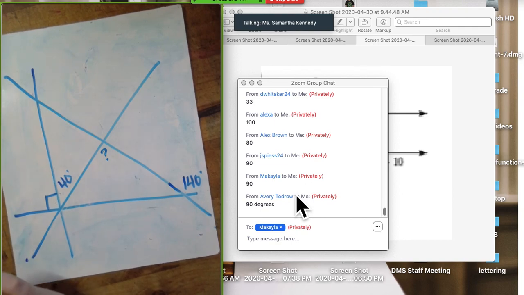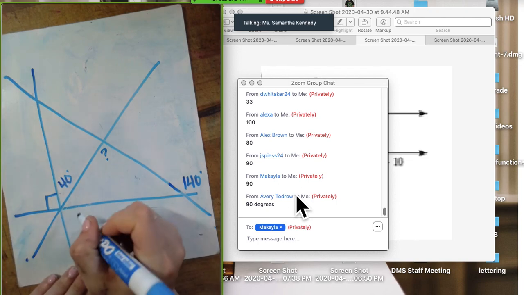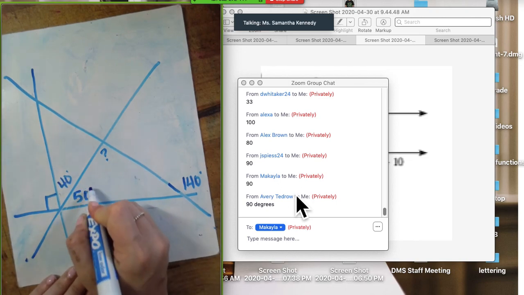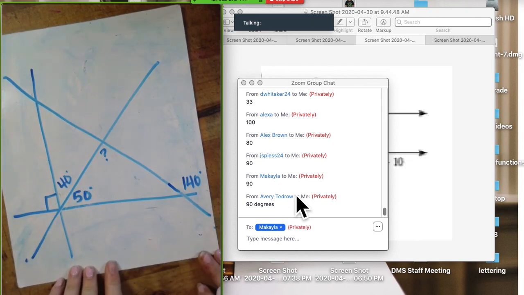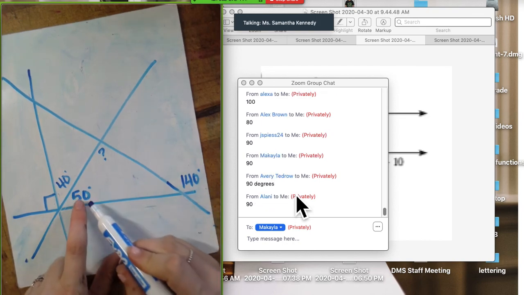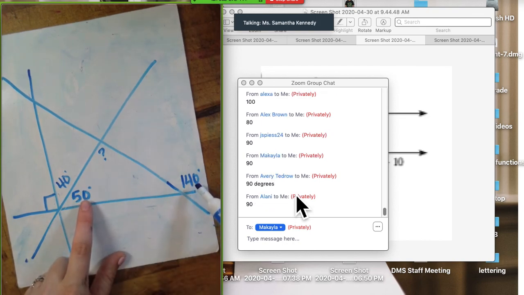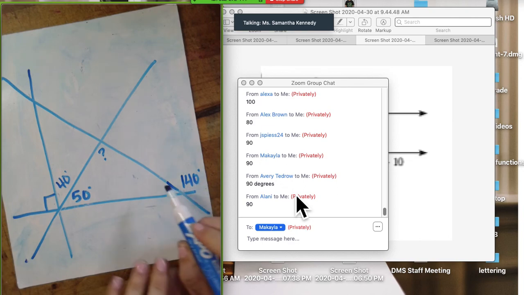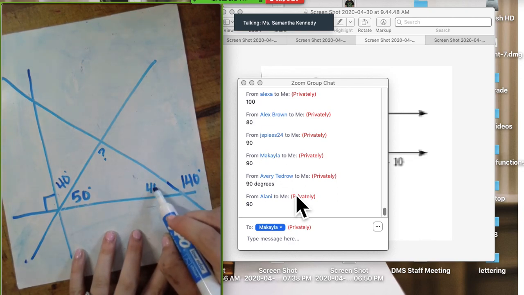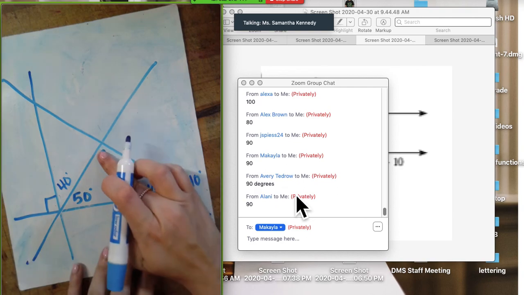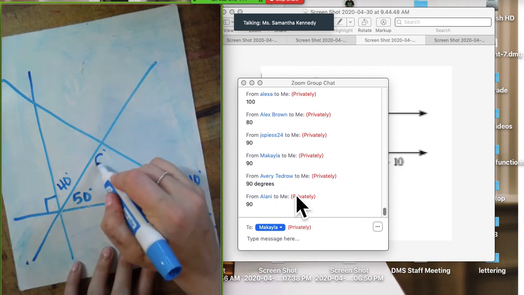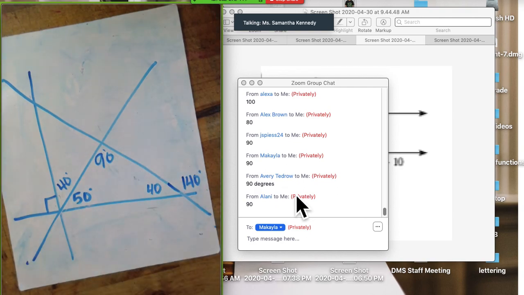So I'm going to do 180 minus 90 minus 40. That gives us 50 degrees right here. And you can do this multiple ways. You can either just subtract 50 from 140, or you could even say that this is 40 here. And if that's 40, then this angle right here has to be 90. Okay?